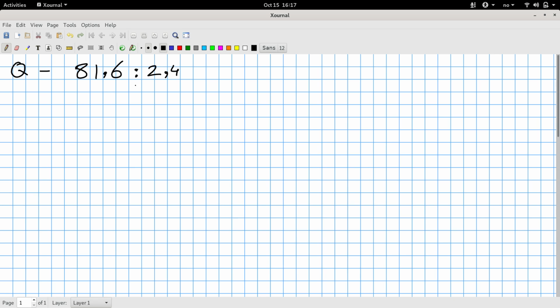Anyhow, so this is 81,6 divided by 2,4, which in the rest of the world would be written as 81.6 divided by 2.4.